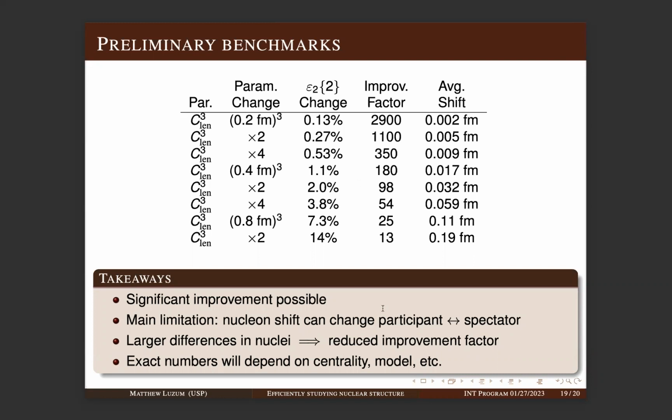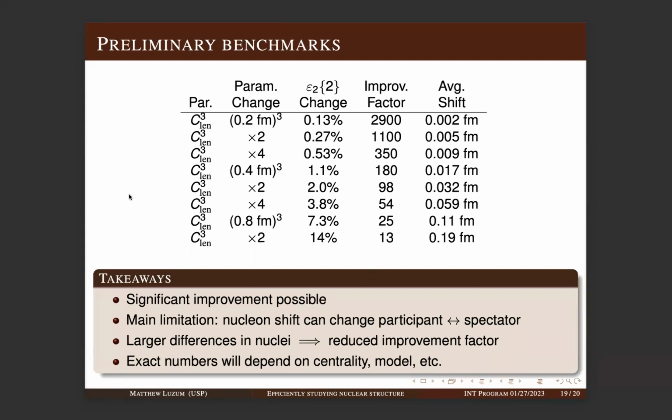So I think the main thing that limits your benefit is the fact that you start changing participants to spectators and vice versa. But yeah, you can get very, very big factors here, or if you do bigger changes, then you get less improvement. But I do want to emphasize that you always get an improvement. So there's basically no downside. I think it's the way that it should be done.